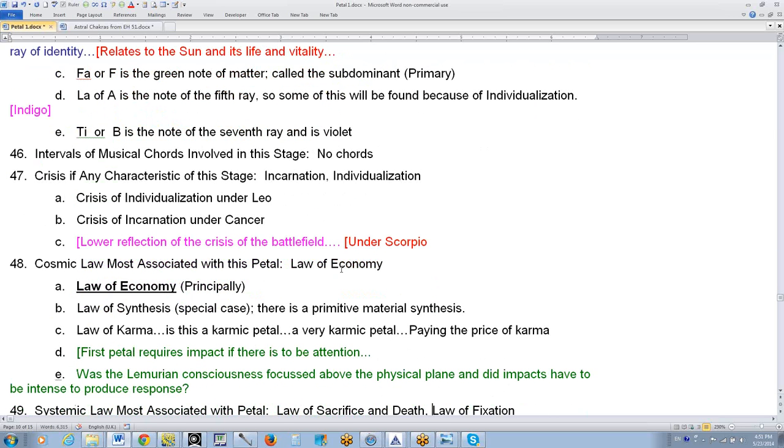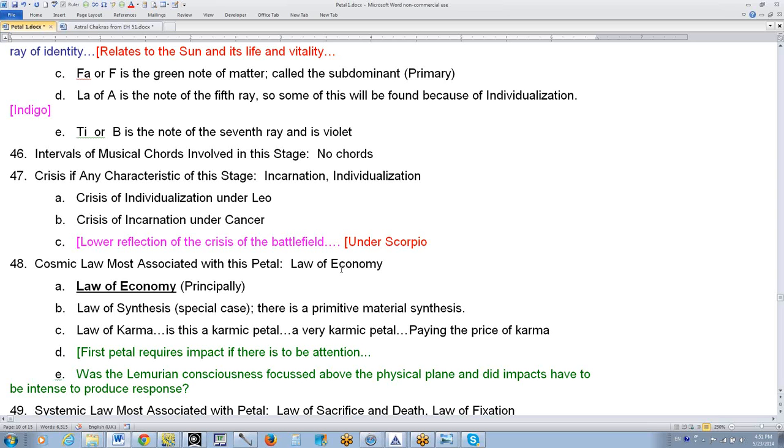Price is so often related to Venus, and the light grows as we appreciate the consequences of our acts. With first petal people, being of the strong and resistant nature and not very sensitive, it requires a real impact to get their attention.